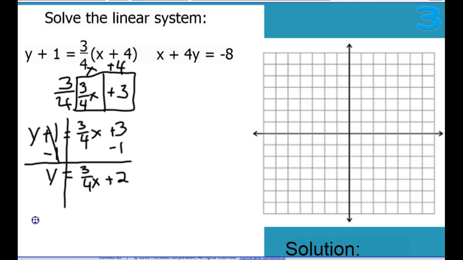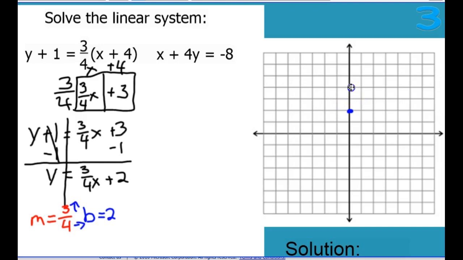So that means that our m for this first equation is 3/4 and our b is 2. So we can start by graphing that. We're going to go up 2 to begin at 2. Then our slope is up 3 and over to the right 4.